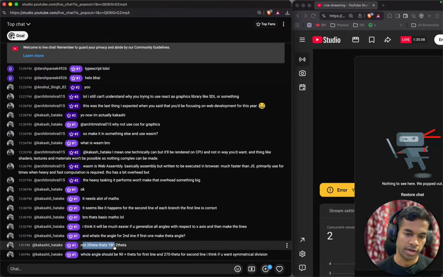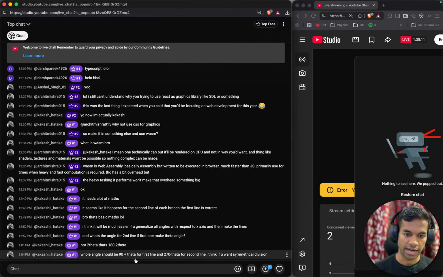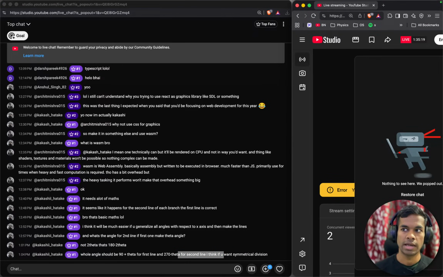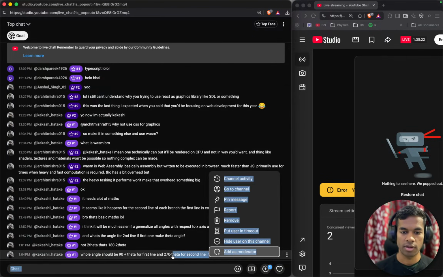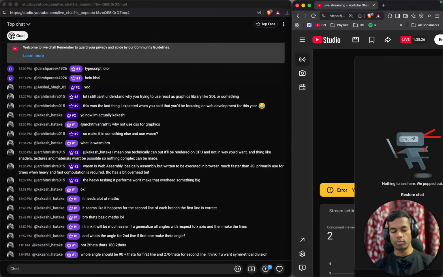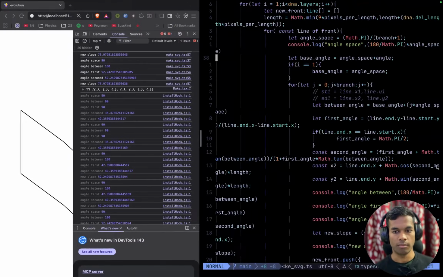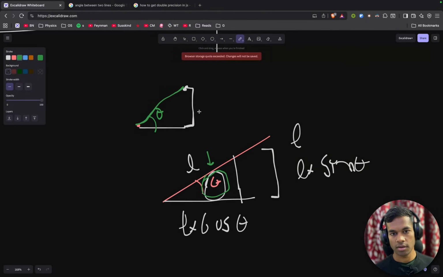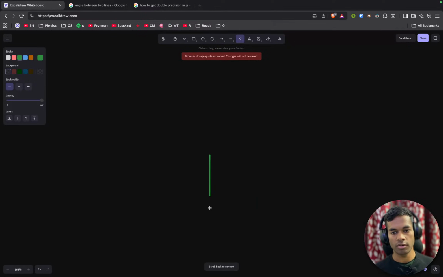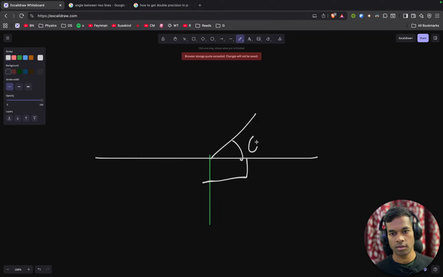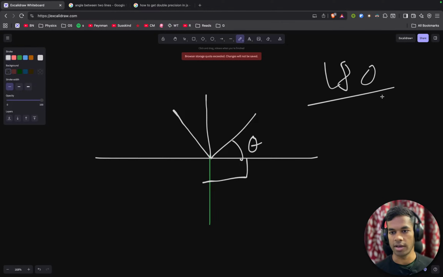Not 2 theta, that is 180 minus 2 theta. The whole angle should be 90 plus theta for the first line, and 270 minus theta for the second line. If you want symmetric division, this would be when we only have two branches coming out of the last one. But if we have three or more, this would be symmetric because the theta angle is equal to 180 divided by the number of branches plus 1.